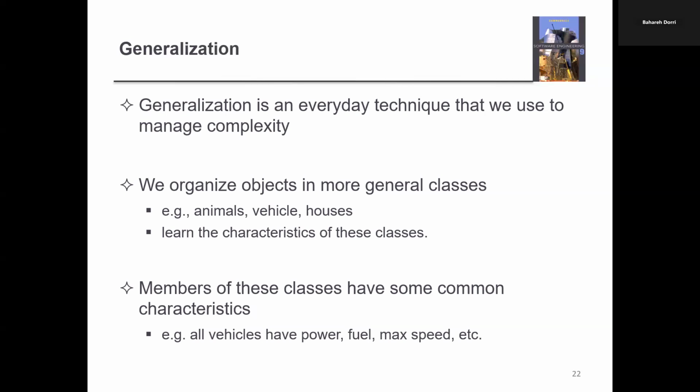And members of a general class usually have some common features, like in the slide, all vehicles have things like a fuel type, engine power, and max speed. So that means we can define those shared attributes in a base class and then inherit them in more specific types like car, truck, or motorcycle. So generalization is really just another word for inheritance in UML, and it helps us build cleaner, more modular designs.